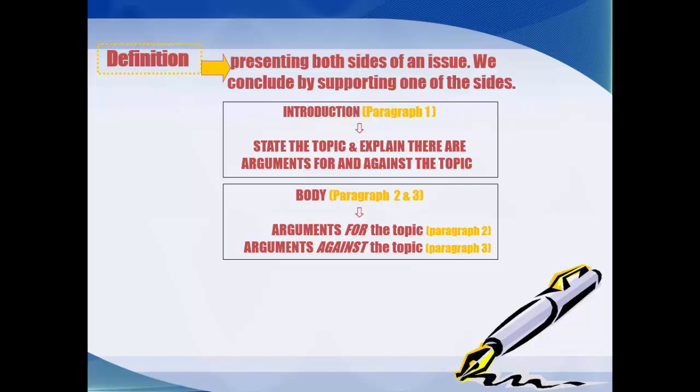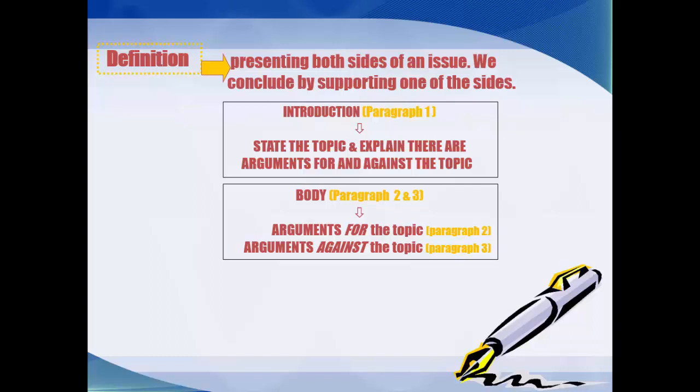In the second paragraph of the body paragraph, you have to mention the arguments against, which is why don't you support the idea of carrying mobile phone at school? So in the body paragraph, I have to write two paragraphs, one for and one against.